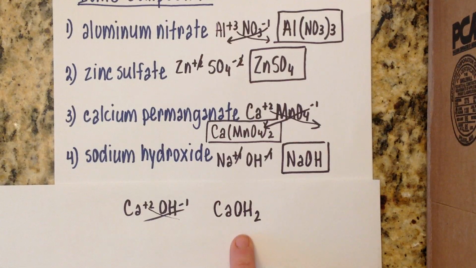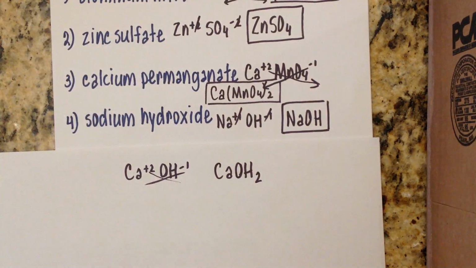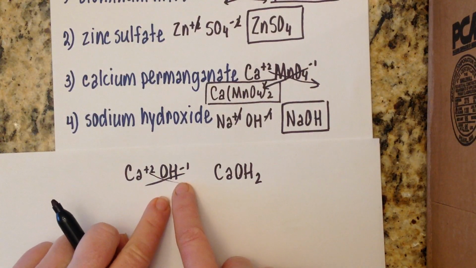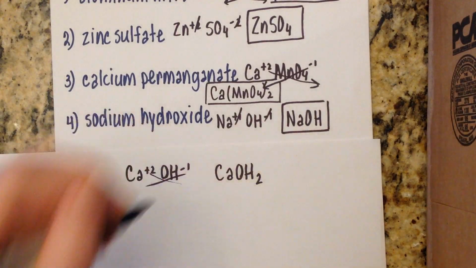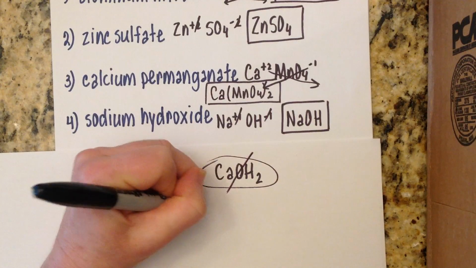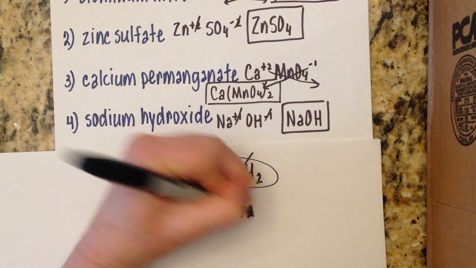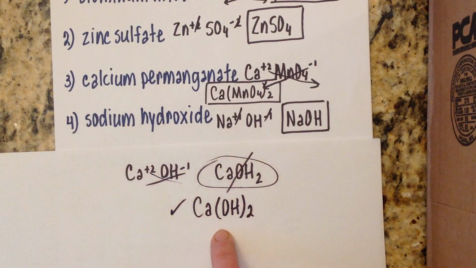That is actually incorrect. You have to put parentheses around that polyatomic ion regardless of whether it has any subscripts. Always protect it. So the right way to write this is Ca(OH)2. This is the way you want to do it.